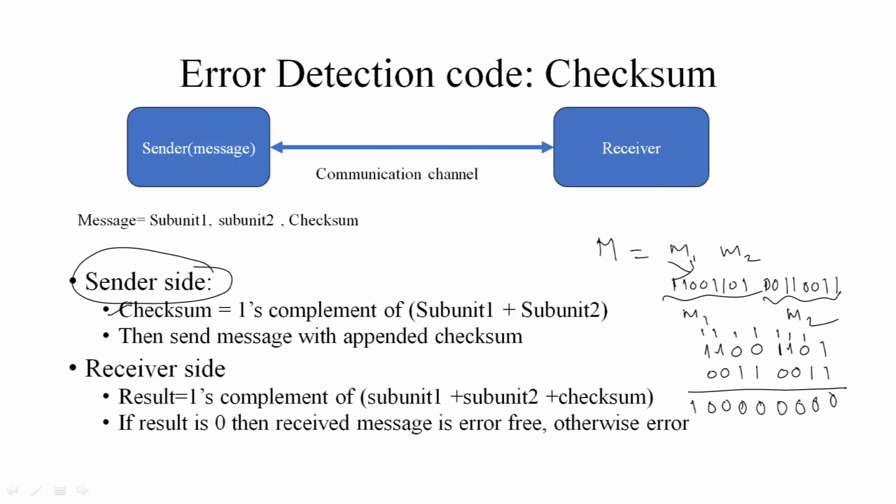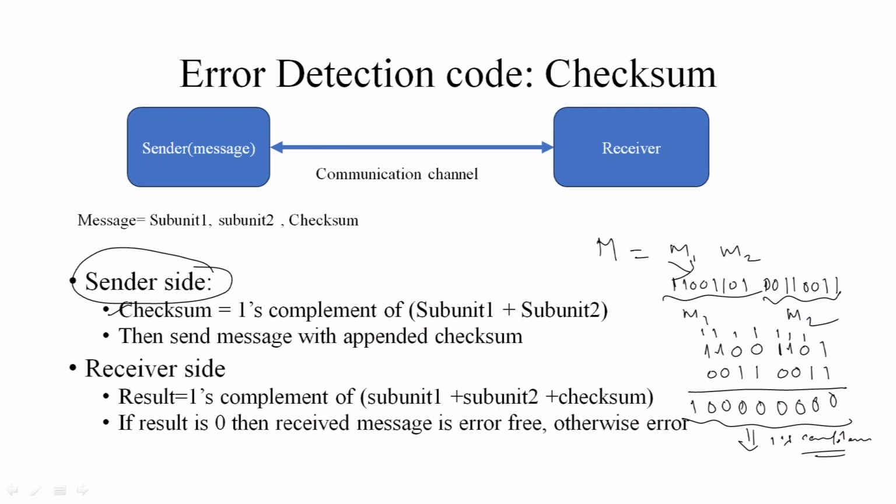What will be the value of the checksum? After computing the sum, the checksum is taken as the ones complement of the sum of subunit 1 plus subunit 2. So we take the ones complement of it and append it as the value of the checksum to the message.